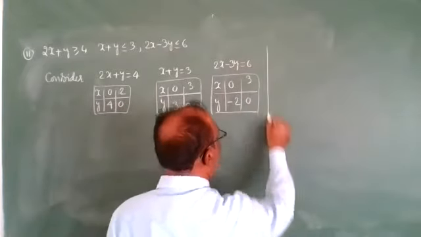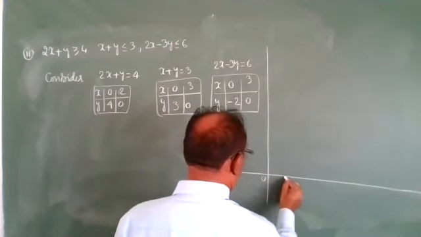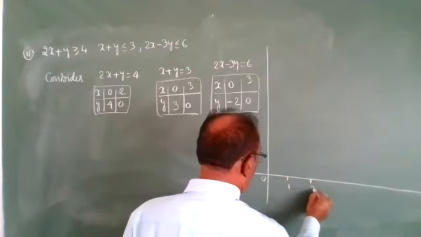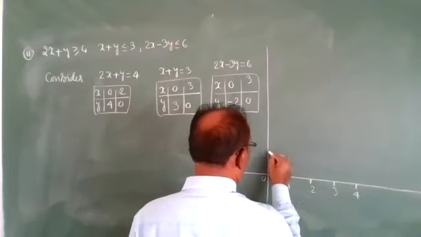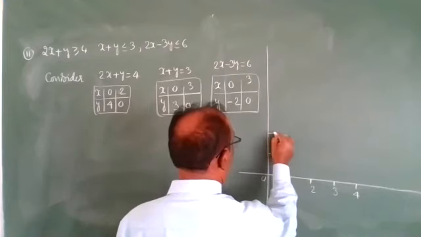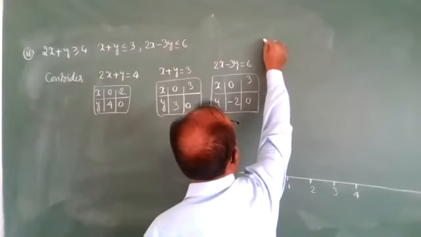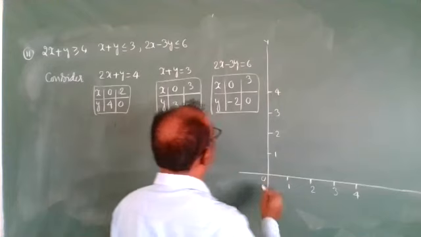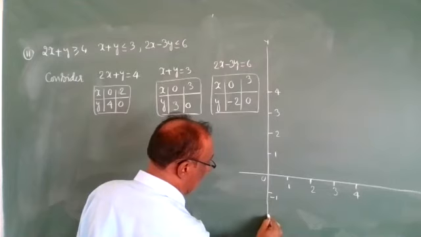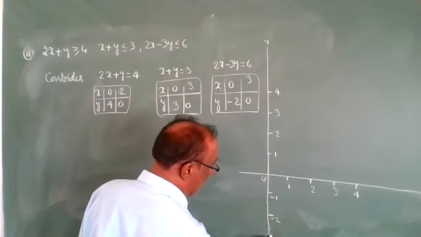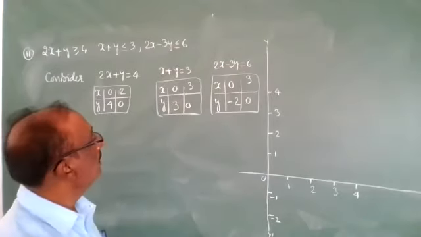Right, everyone see the graph. On the x-axis we take 1, 2, 3, 4. Maximum is 4 only. Downside we also have minus 1, minus 2 on the y-axis.